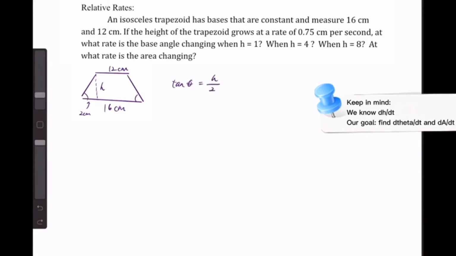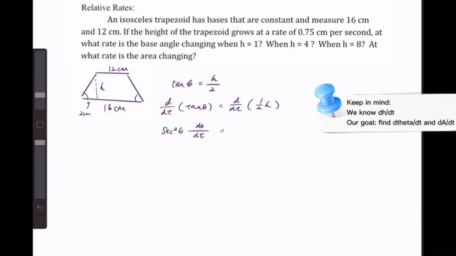Since we want to find the rate at which the base angle is changing at certain heights, we want to take the derivative of both sides with regards to t. The derivative of tangent theta with regards to t is just secant squared theta times d theta/dt.